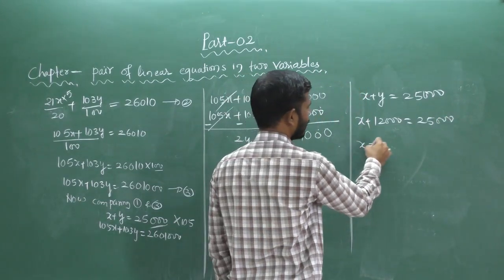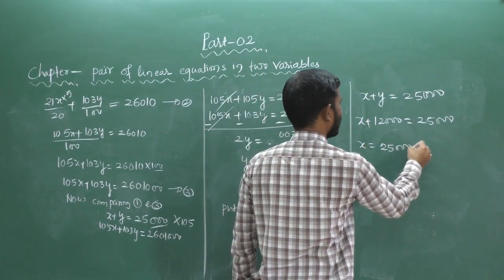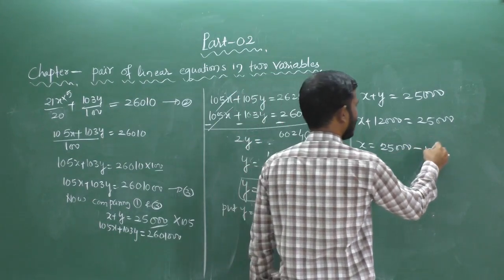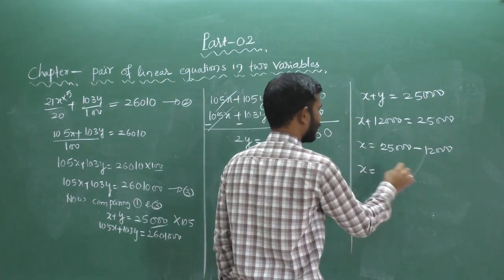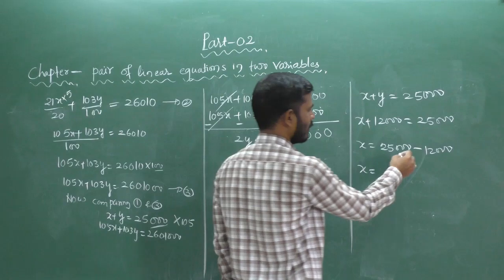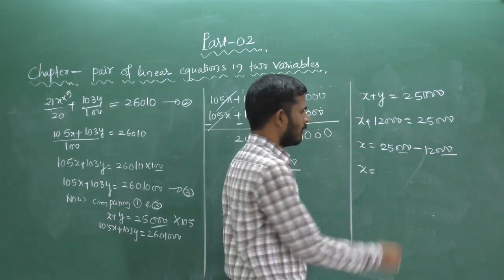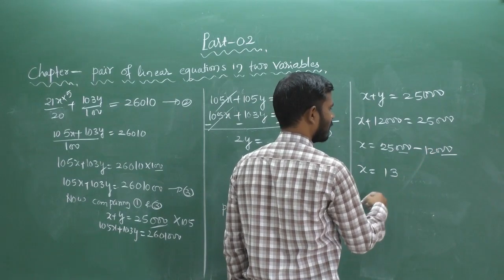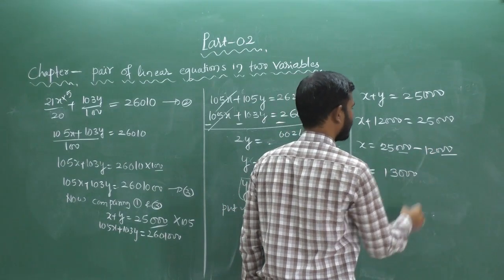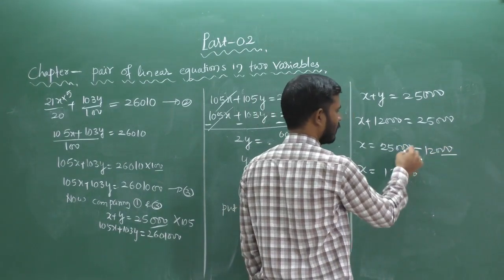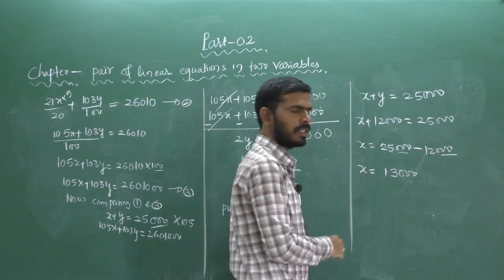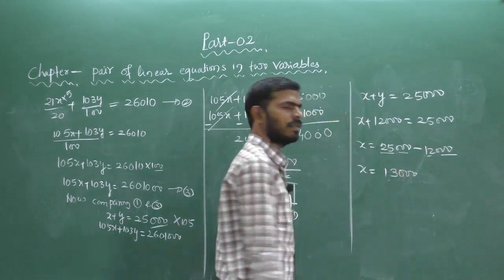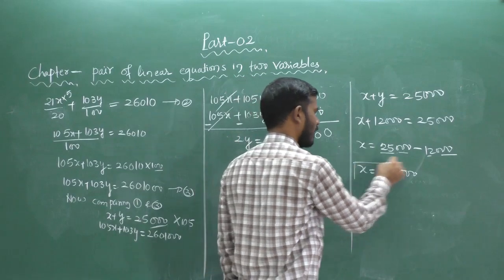Next, x equal to 25,000 minus 12,000. See here the zeros get cancelled. 5 minus 2 is 3, next 2 minus 1 is 1. So 25 minus 12 is 13. So this is the x value.